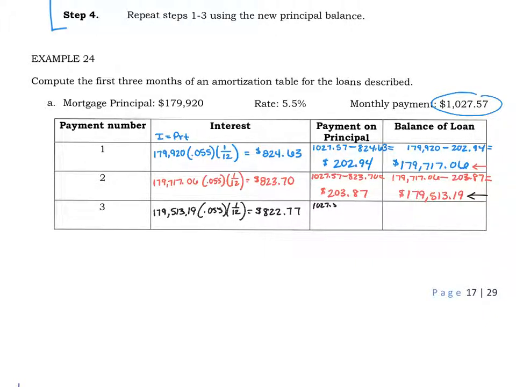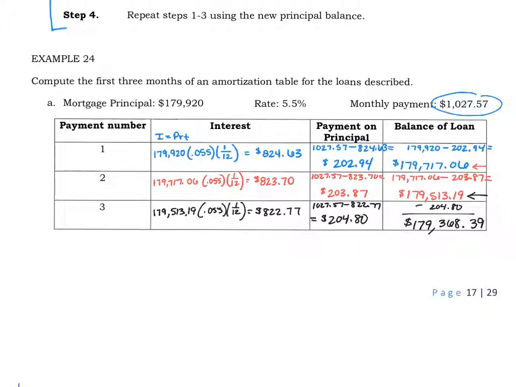So our payment on the principal is now $204.80. So a little bit more goes to paying down your bill. And so what we do is we take that balance of the loan, that $179,513.19, and we're going to subtract $204.80 from that. And now after 3 months of payments, we owe $179,308.39.